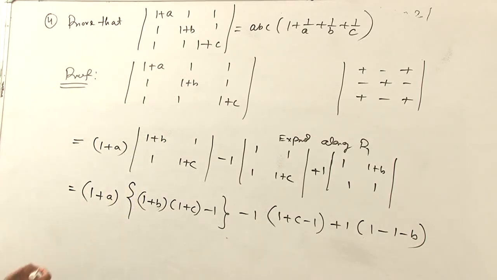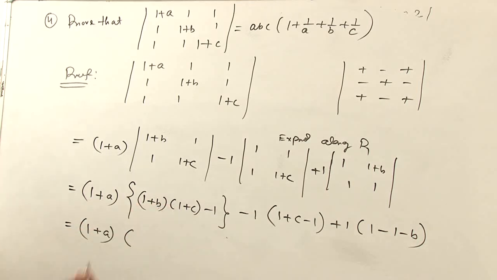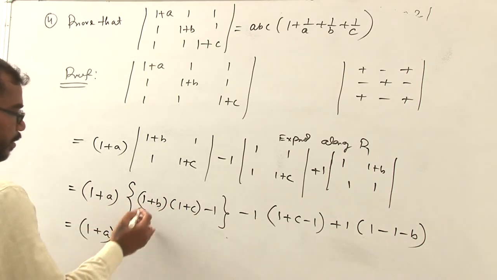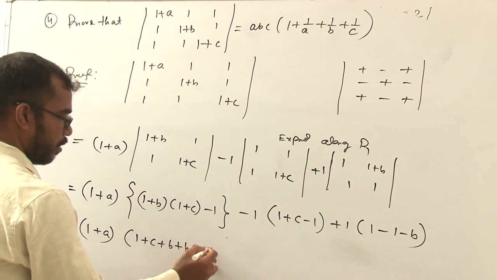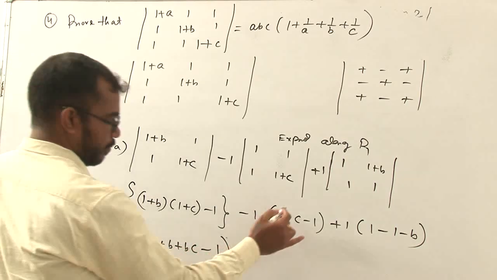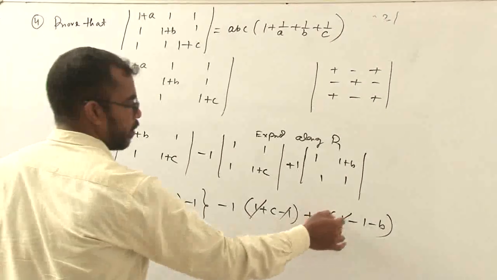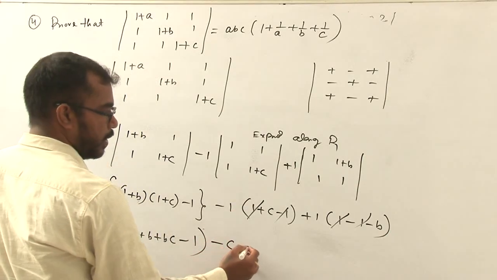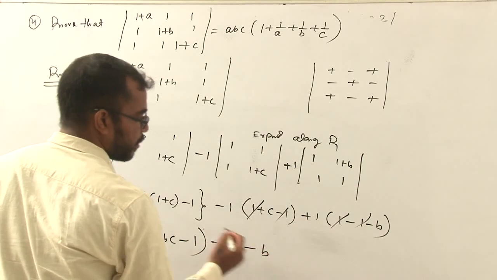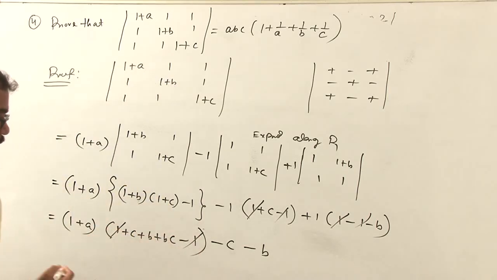Okay. So here 1 plus A into, if we multiply them, then we get 1 plus C plus B plus BC minus 1. Here we cancel 1 and minus 1. It also cancels, minus plus 1 minus 1, so we get minus C, and that is minus. Okay. So here we cancel 1 and 1 also.